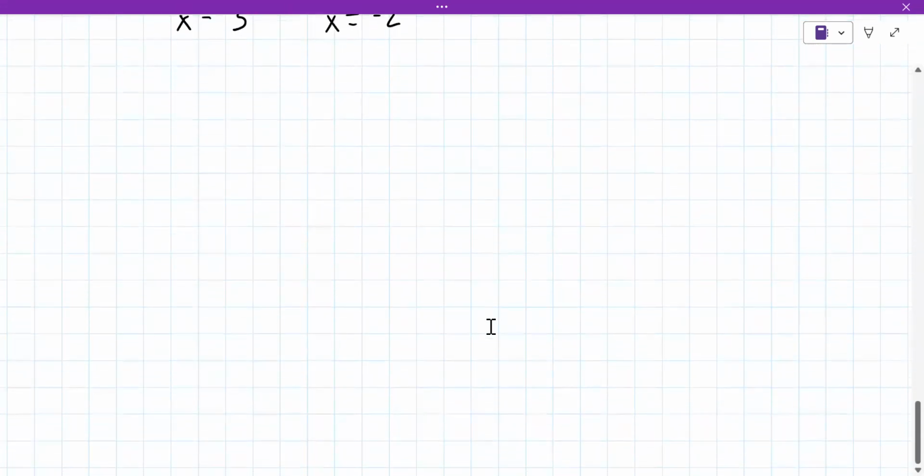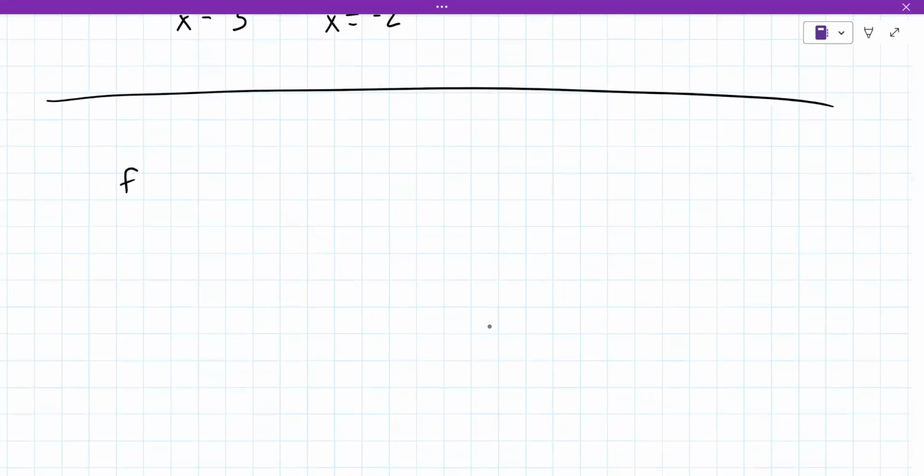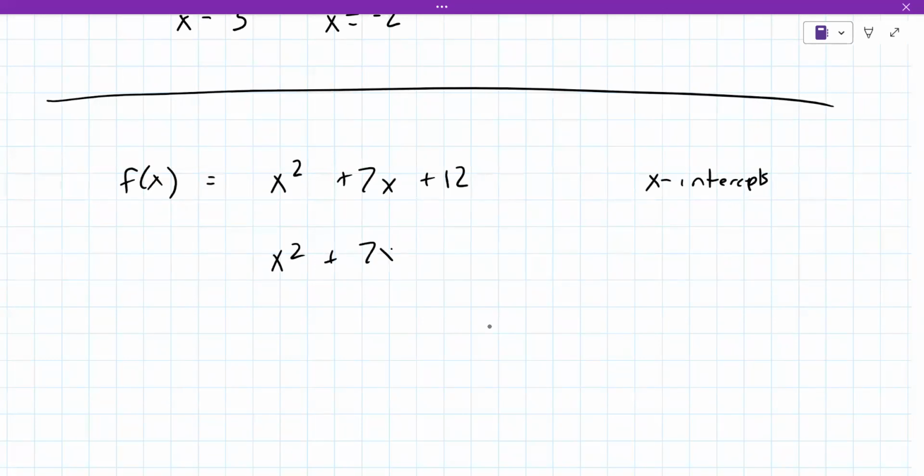So let's do another one kind of like that. Let's say the function is x squared plus 7x plus 12. And again, we want to find the x-intercepts. So just like the last problem, what that means is you're setting the entire function equal to 0. Okay.